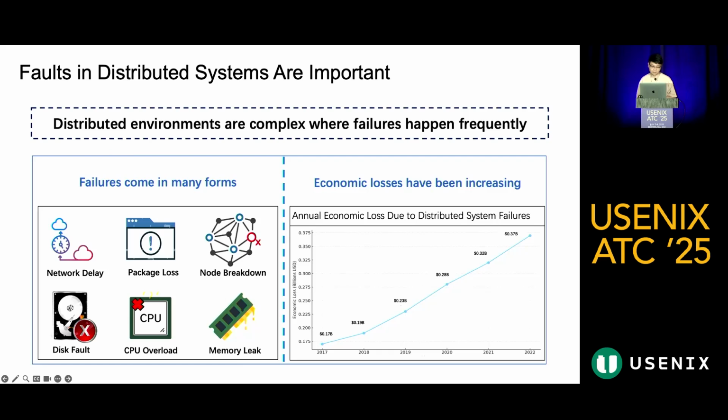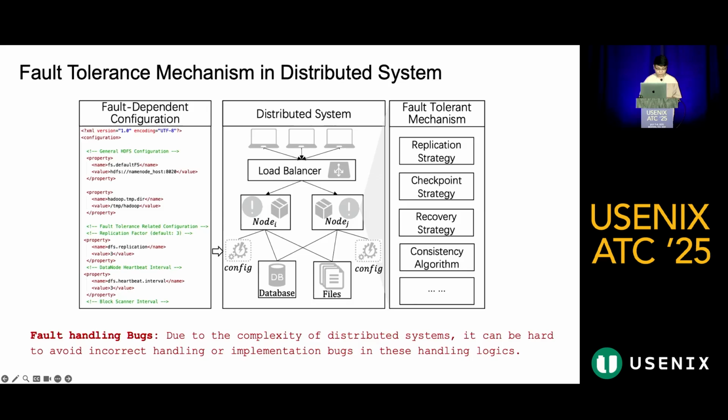When they do happen, the consequences can be serious, often leading to significant economic losses. There are many different types of failures, such as network delay, packet loss, node breakdown, disk fault, and so on. Consequently, the economic losses caused by distributed system failures have been increasing year by year.